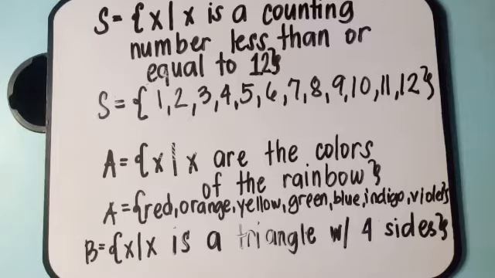Wala tayong triangle na 4 sides because triangles are 3-sided plane figures. So set B is empty. Walang laman kasi wala naman tayong mailalagay na element sa set B. So, anong tawag dito? Later, i-discuss ko kung anong tawag sa set kapag walang laman. Okay? So, that is the example of finite set.